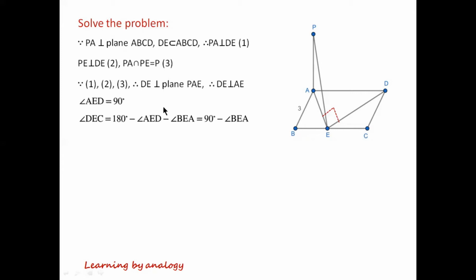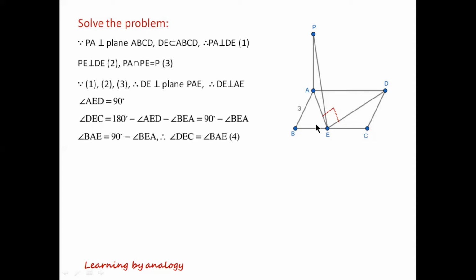Angle DEC equals 180 degrees minus angle AED minus angle BEA, which equals 90 degrees minus angle BEA. Angle BAE equals 90 degrees minus angle BEA.